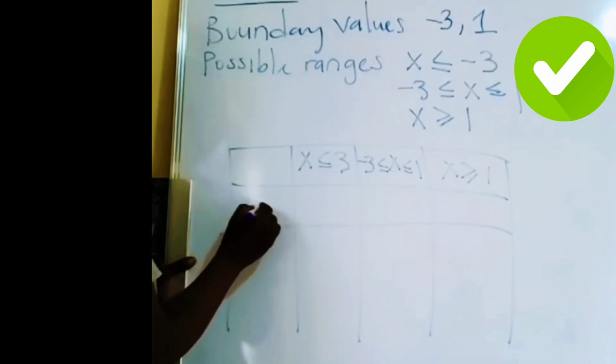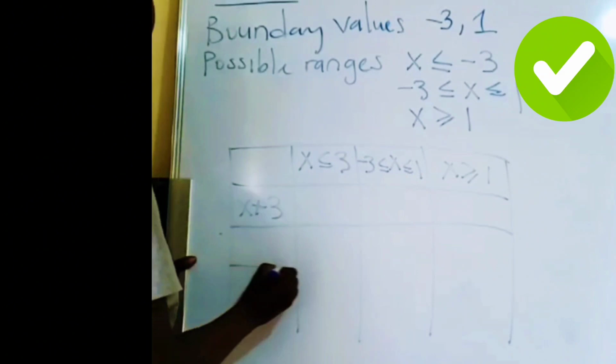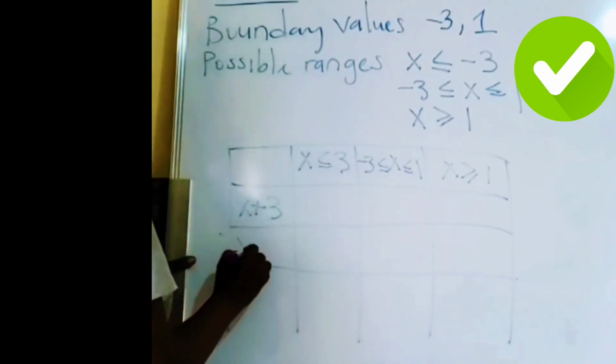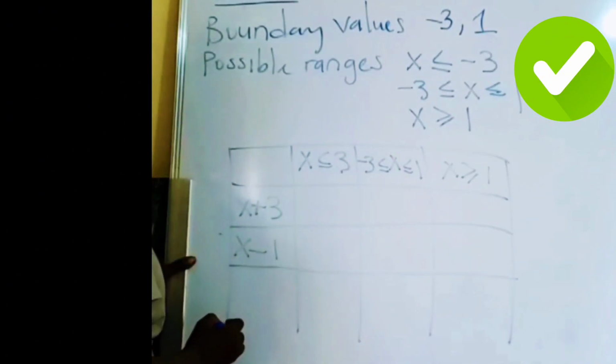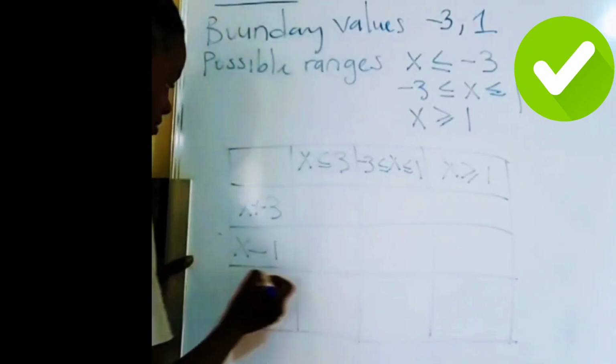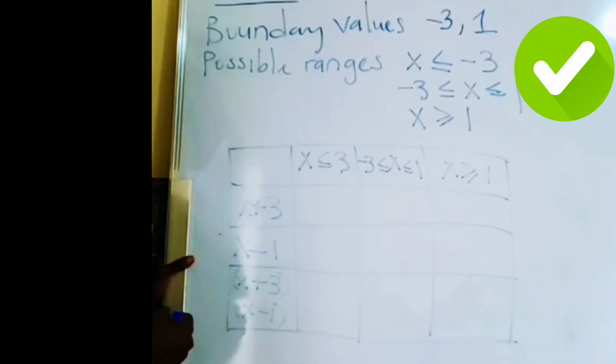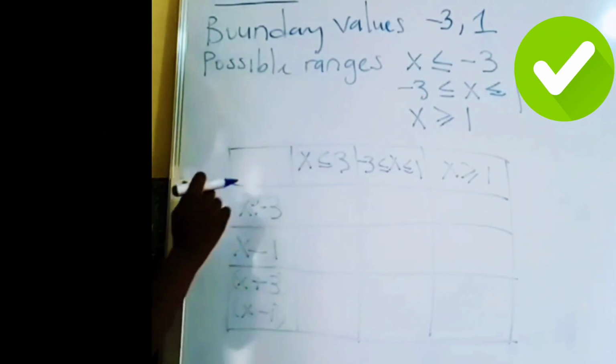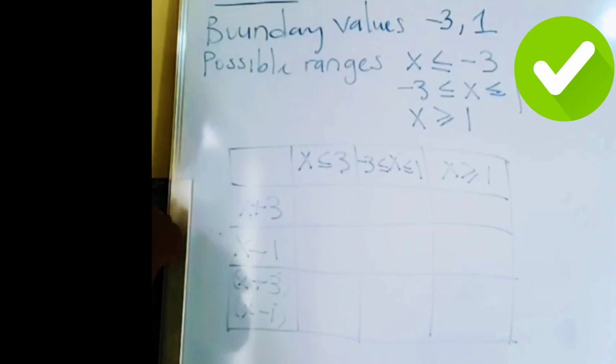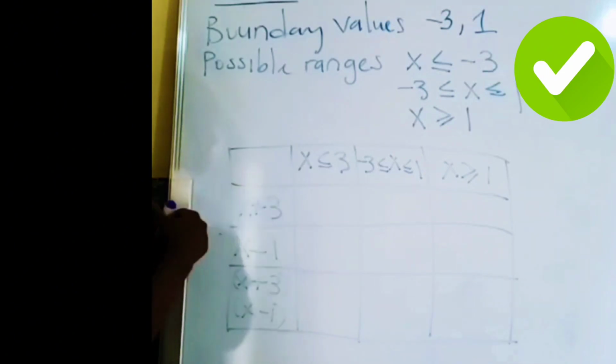Our first factor is x plus 3. The next factor is x minus 1. I have the product of these two factors. Now, if we pick any value from the range x less than or equal to negative 3 and substitute it, what do we have?